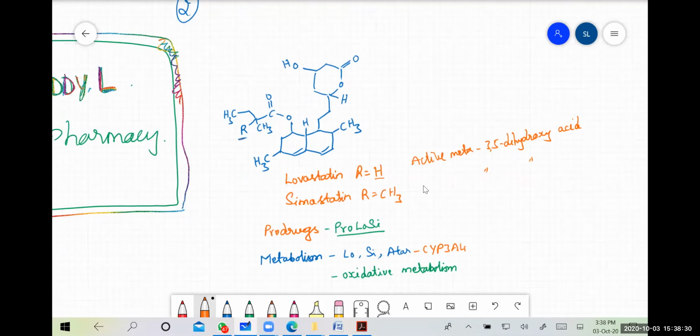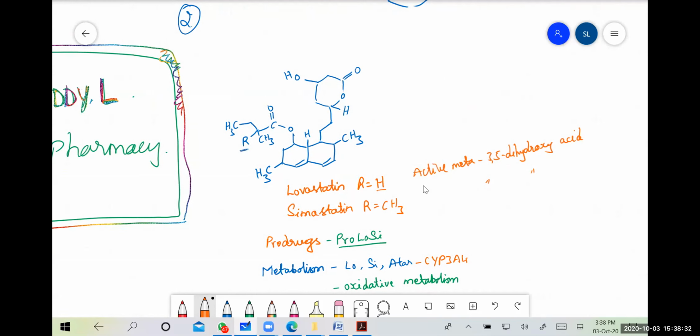In the previous class, I told that if the lactone ring is present, then they are all prodrugs. If the lactone ring is hydrolyzed, or it is an open chain structure, then it is not a prodrug.